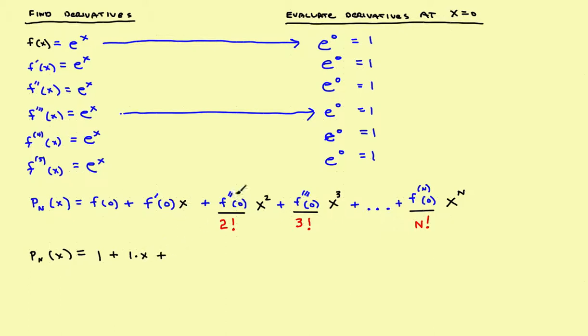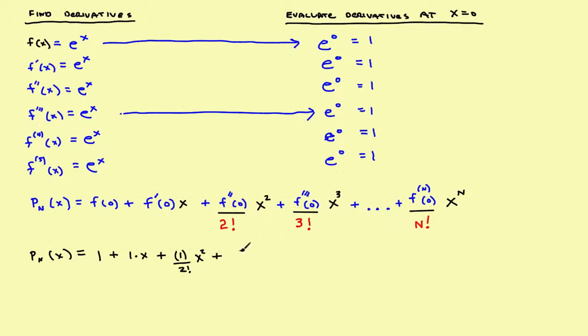Then I need the second derivative at 0. Well, that's this term, which is that right there. It turns out all of them just happen to be 1. So that's going to be 1 divided by 2 factorial times, and we'll make this just be x squared, plus, now we get the third one.